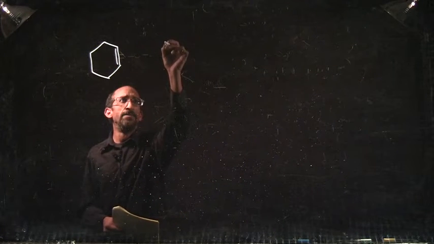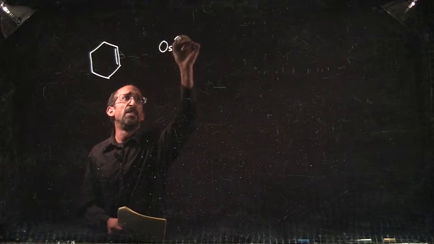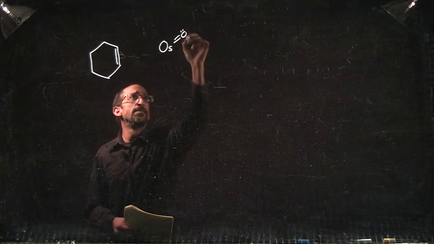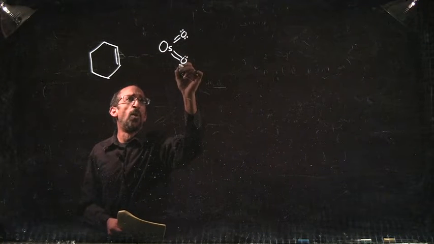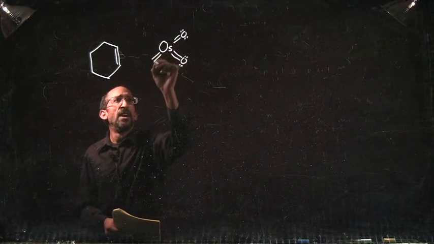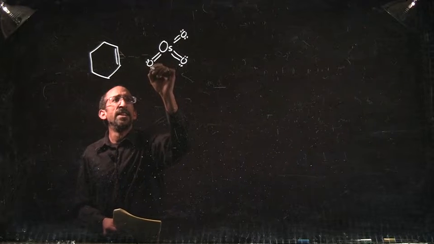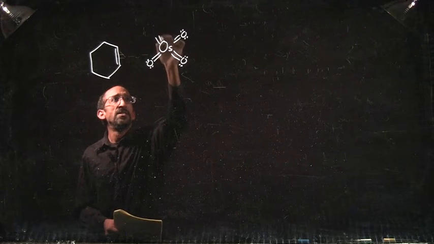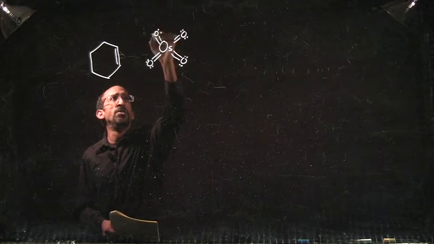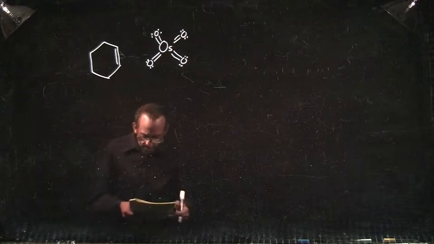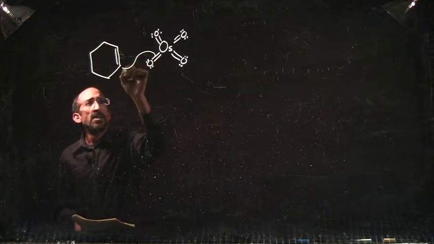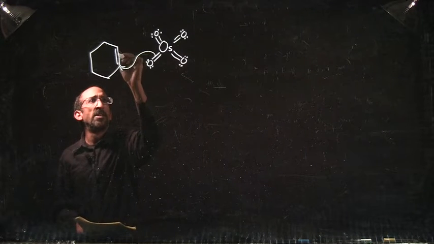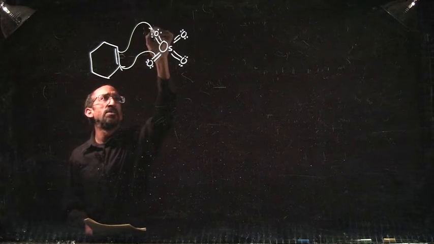Osmium tetroxide, aside from being incredibly carcinogenic, is an excellent reagent for converting alkenes into diols, into 1,2 diols. And so the first step of our mechanism looks very similar to a Diels-Alder type cycloaddition.